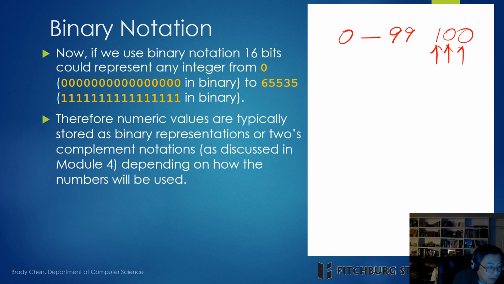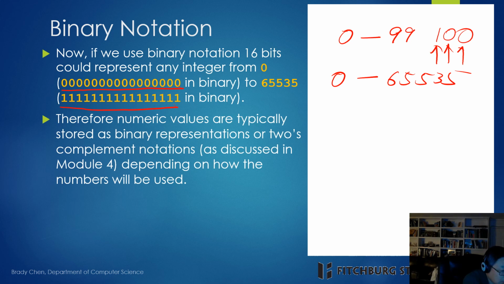Now, if we use the binary notation, 16 bits can represent the range of numbers from 0 to 65,535, from 16 zeros all the way to 16 ones.